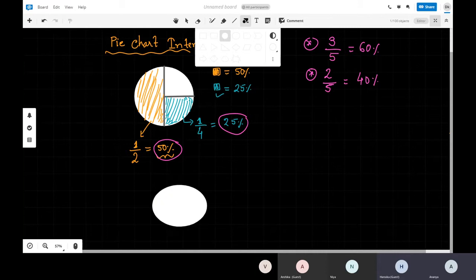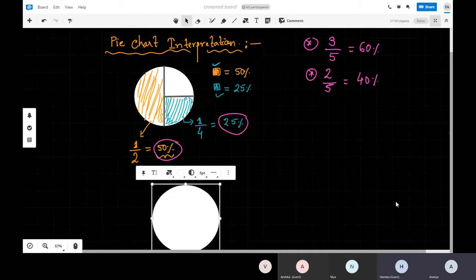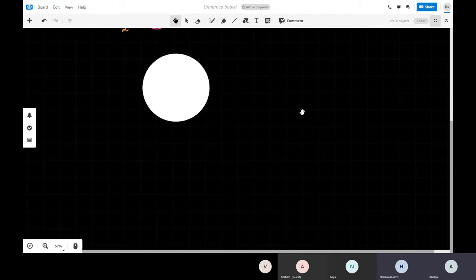Let's check out another pie chart. Let's say that this is another pie chart, and let's say that we represent this as, just a second.